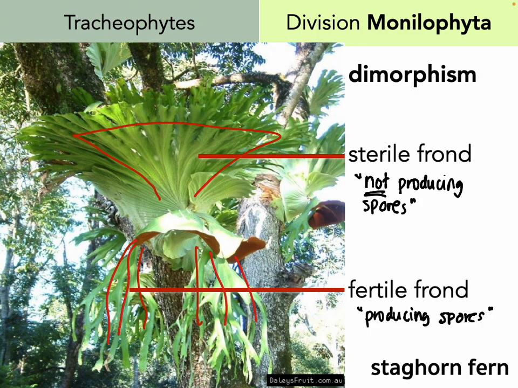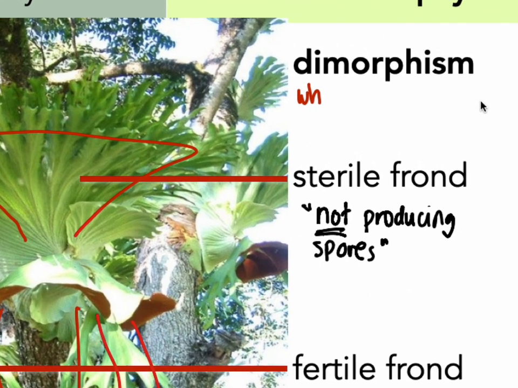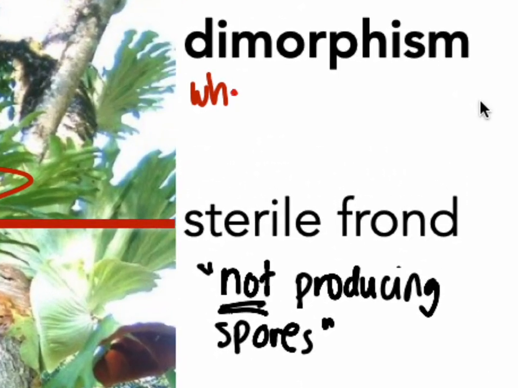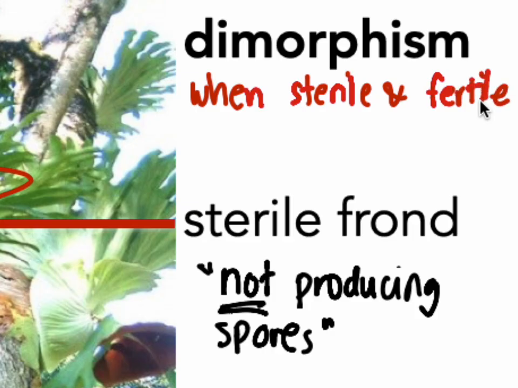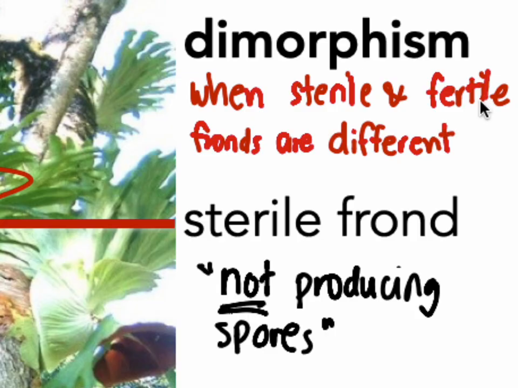So dimorphism is when sterile and fertile fronds are different.